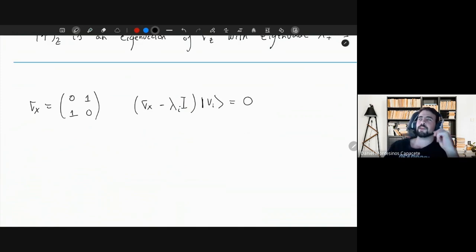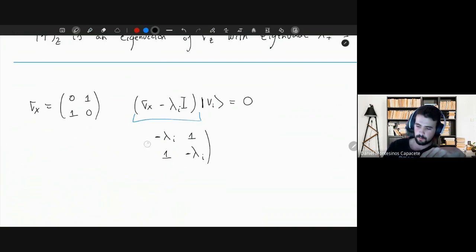So in order for this to make sense, there is a thing that must be satisfied, and this is that the determinant of this expression must be equal to zero. I mean, at the end, this is a matrix, right? In fact, this is just this matrix, because we have our operator sigma x with the ones here, and we are subtracting the eigenvalue which we don't know yet.